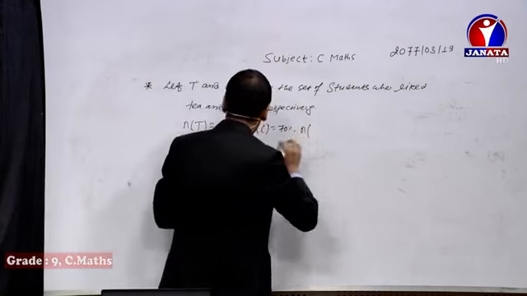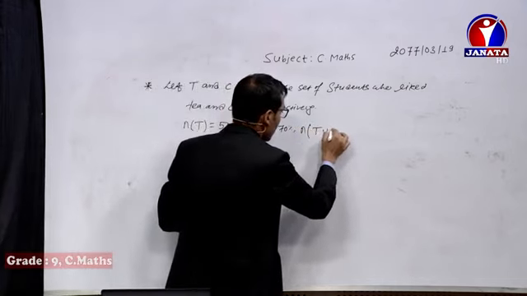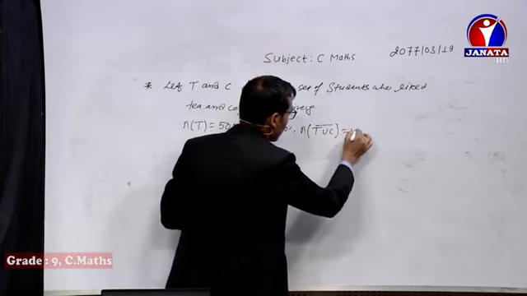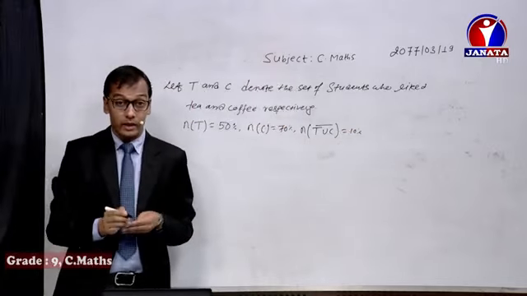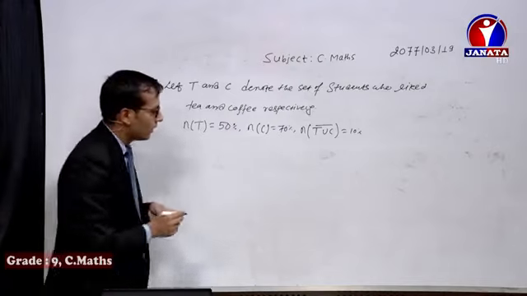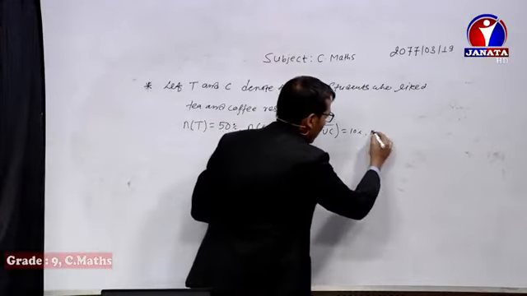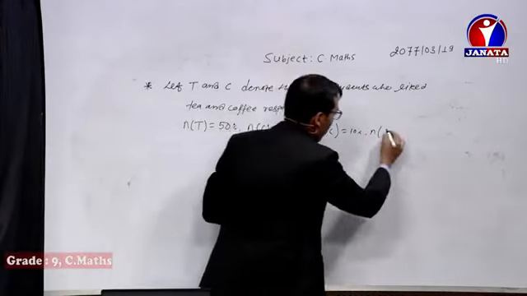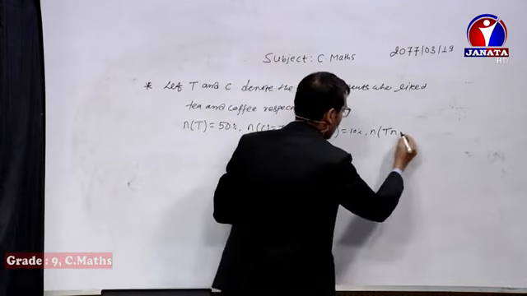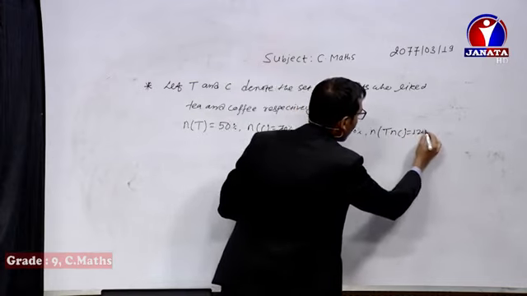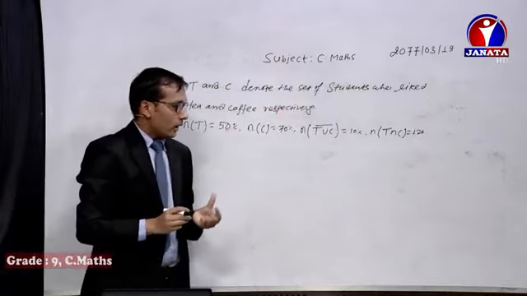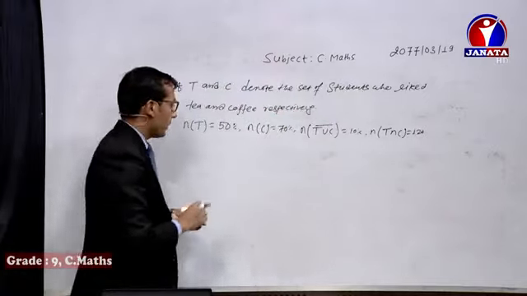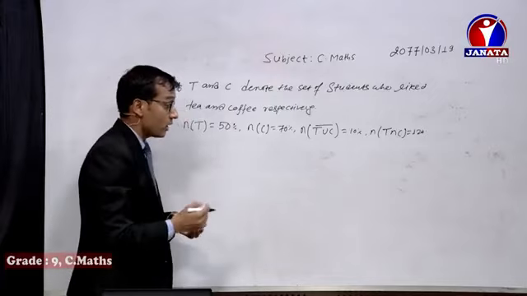So N of T union C complement is 10%, and 120 like both the drinks. So this is N of T intersection C is 120.